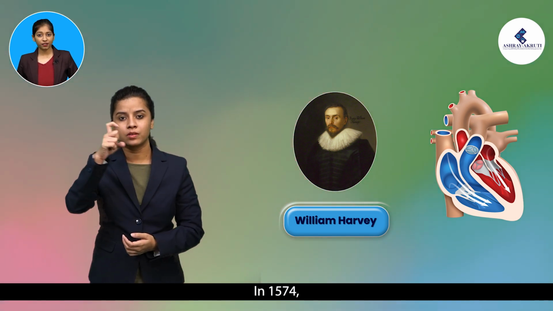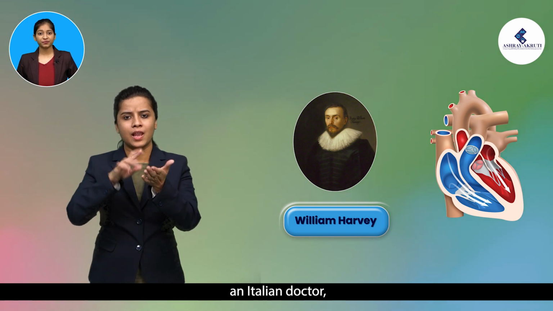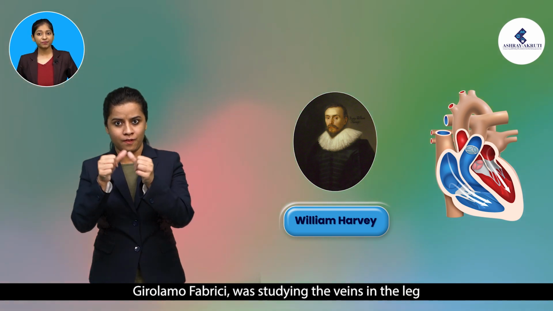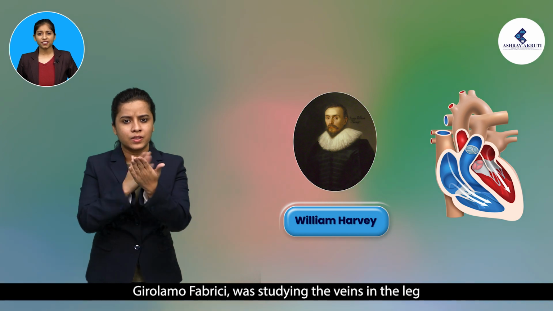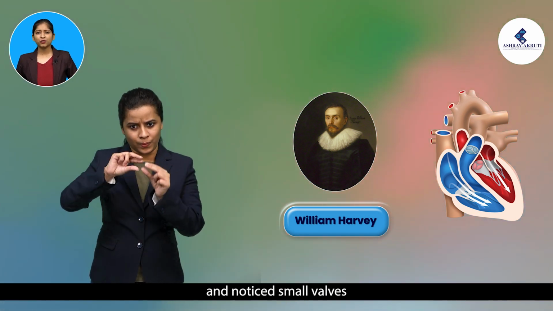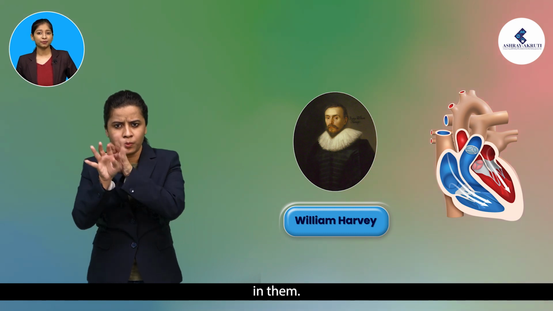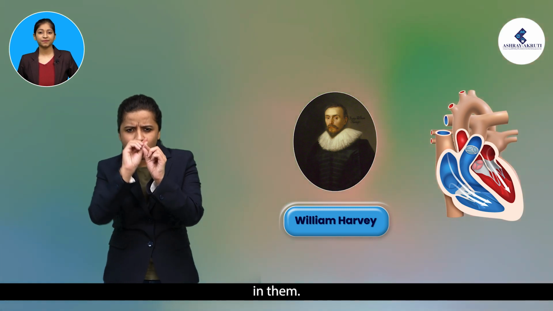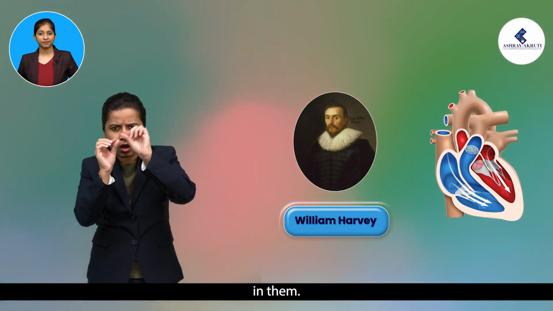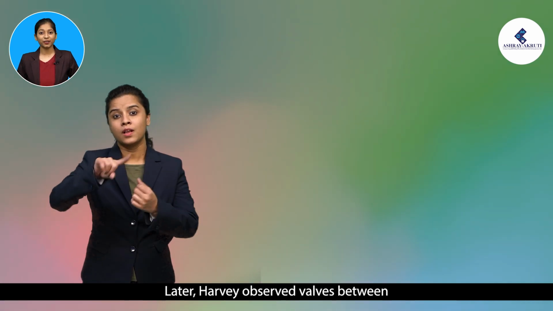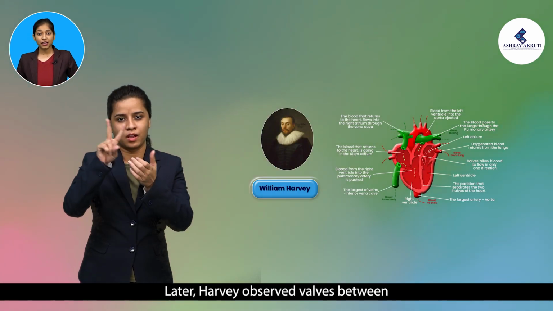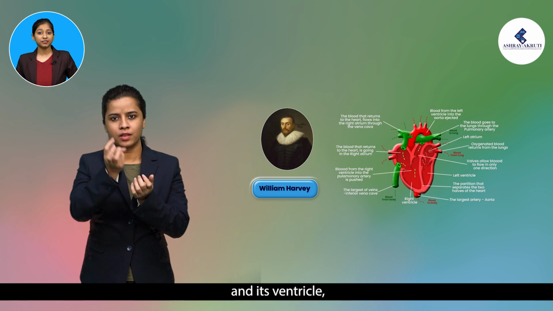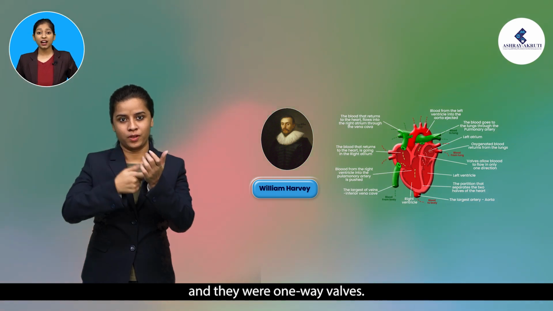In 1574, an Italian doctor, Girolamo Fabrici, was studying the veins in the leg and noticed small valves in them. Later, Harvey observed valves between each atrium and its ventricle, and they were one-way valves.